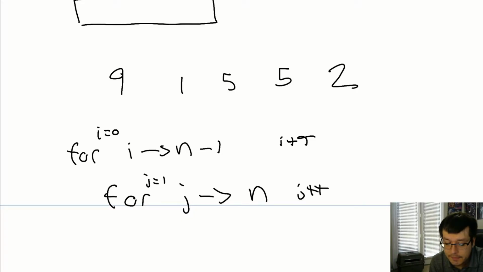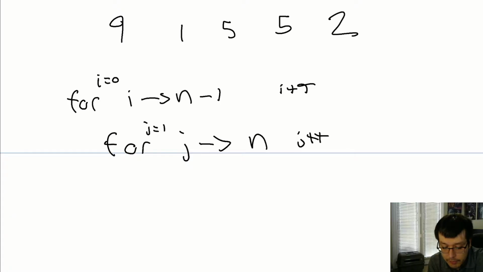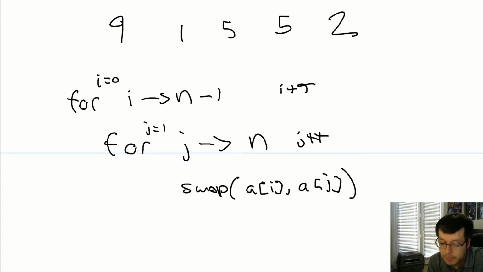So something like that. The reason I want to show you this piece is that all you have to do here is a swap between the i and the j component. If you have this in an array, you would pass a function where you are passing an i and a j by reference so that it can swap them.